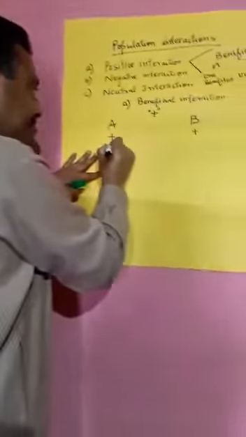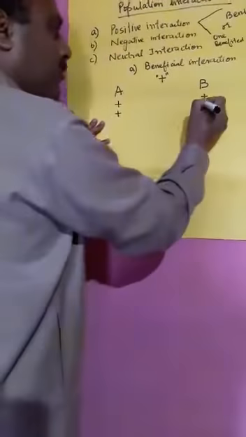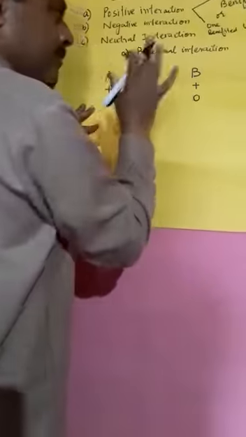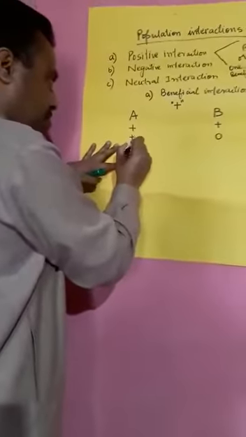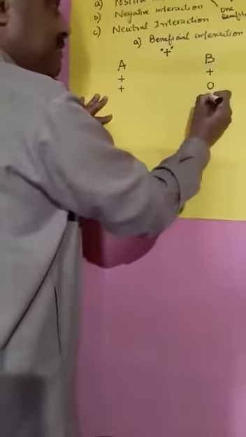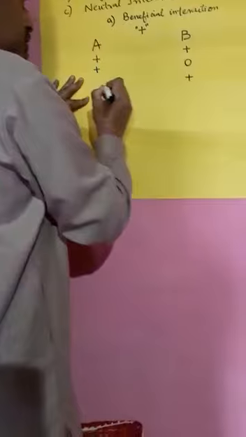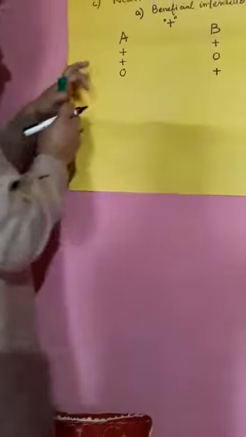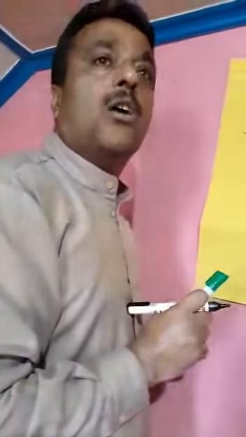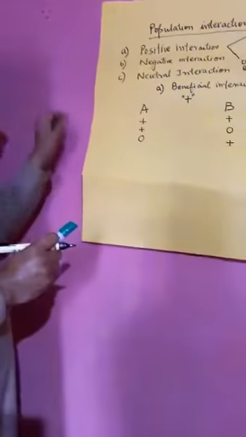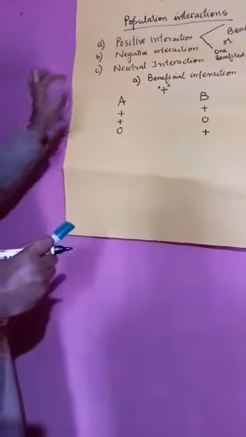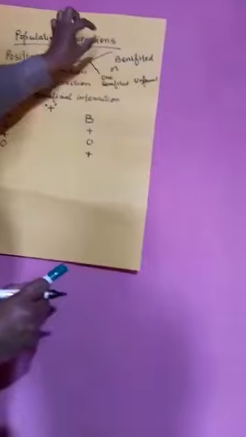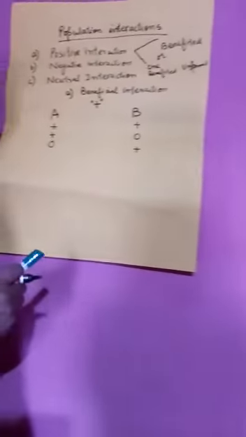If only A is benefited, B we leave as O. Or if only B is benefited, we write it as positive, and the one not benefited, we write as O. Now, this beneficial interaction is of various types.